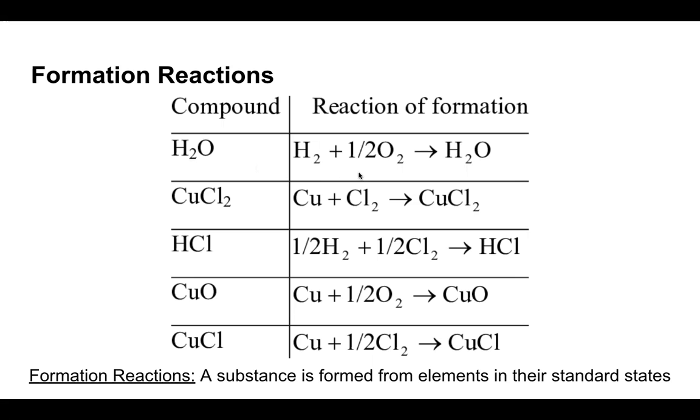So the two different constituents would be our hydrogen element, in its standard state, so hydrogen gas, plus our oxygen element, again in its standard state of oxygen gas, to form 1 mole of our H2O. And you'll see here that we had to balance out the O by adding a half coefficient in front of it, just to make sure that this formation reaction formed 1 mole of H2O.